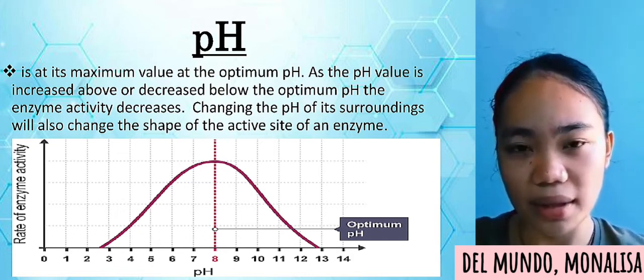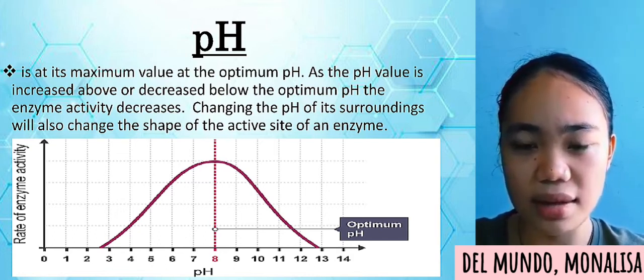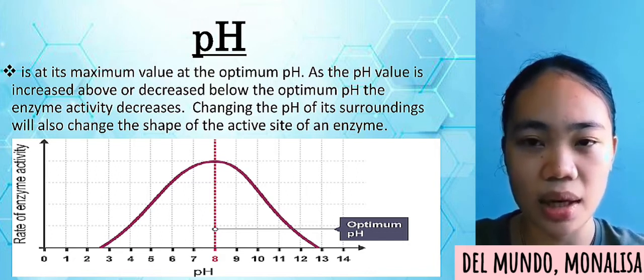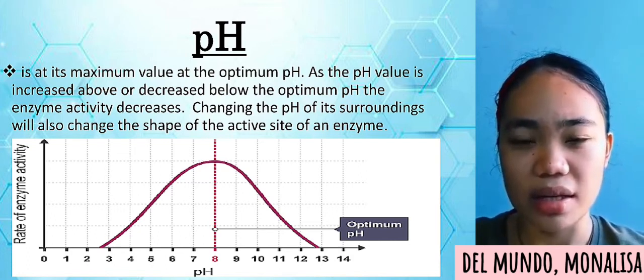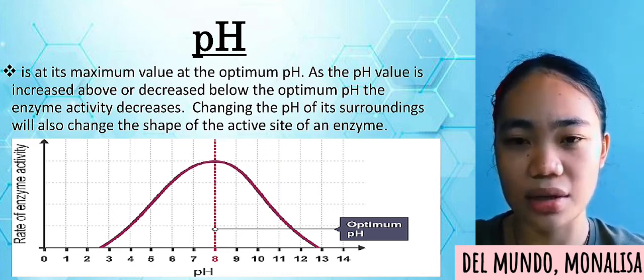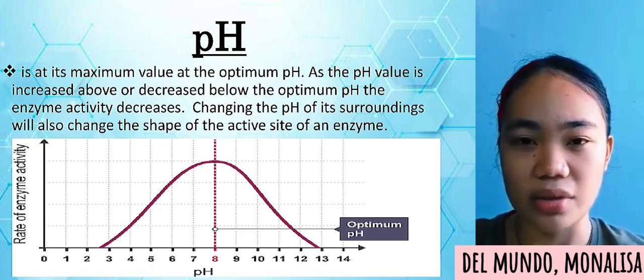An optimum activity is reached at the enzyme's optimum pH, pH 8 in this example. A continued increase in pH results in a sharp decrease in activity as the enzyme's active site changes shape. It is now denatured.